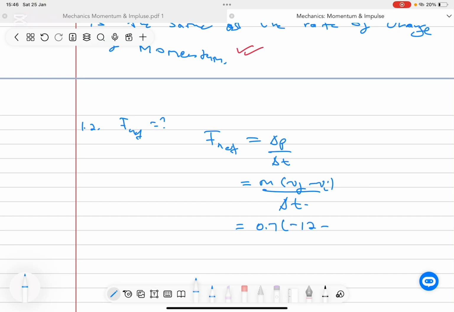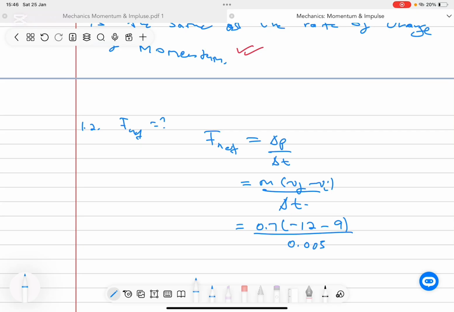My final velocity is 12 meters per second because it goes in the negative direction. And then we have minus 9 here. Remember, there's a minus here. And we're dividing this by the 0.005 seconds that the ball is in contact with the wall.